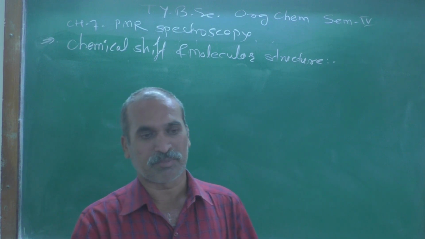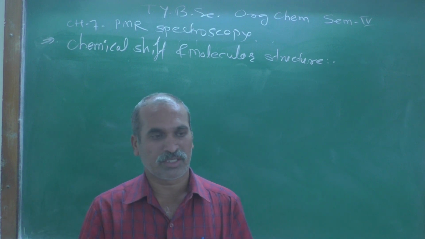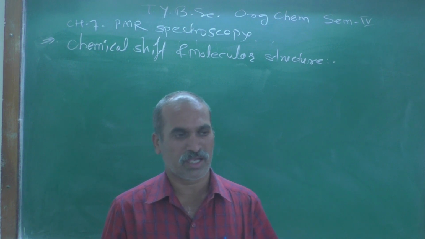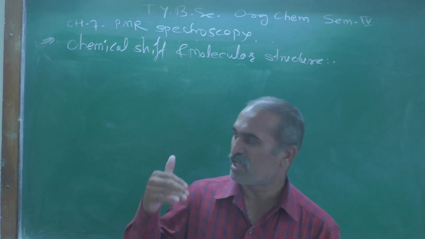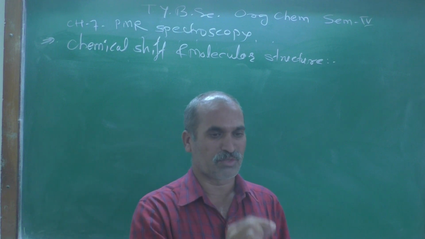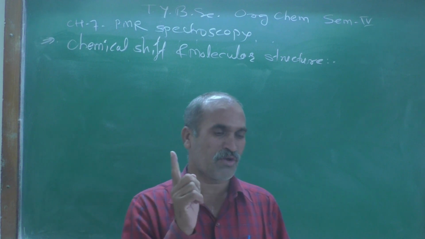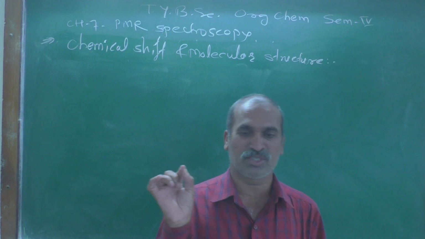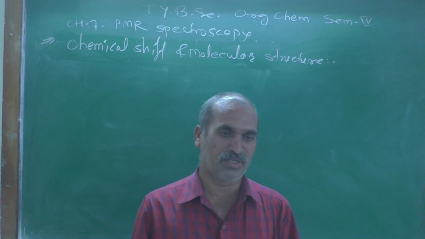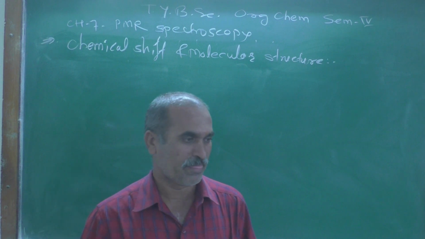Chemical shift is generally defined as the separation between the sample peak with respect to TMS, tetramethylsilane. It is mathematically calculated as follows. Chemical shift delta is equal to the frequency of sample minus frequency of TMS, divided by frequency of instrument, multiplied by 10 raised to 6.